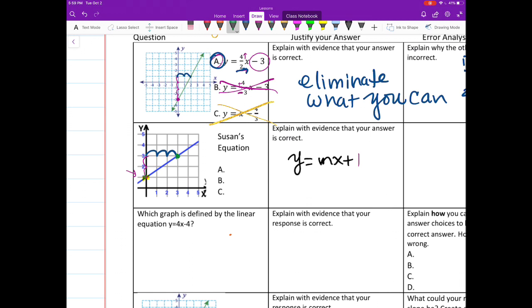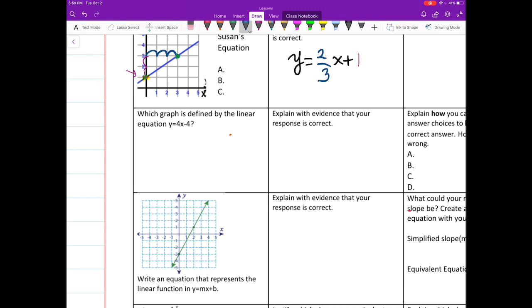Boom, I'm on the line right here and right there. So that would be your slope, wouldn't it? So then you rise 2, you run 3. So just look at the statements and see if they're true or false, okay?